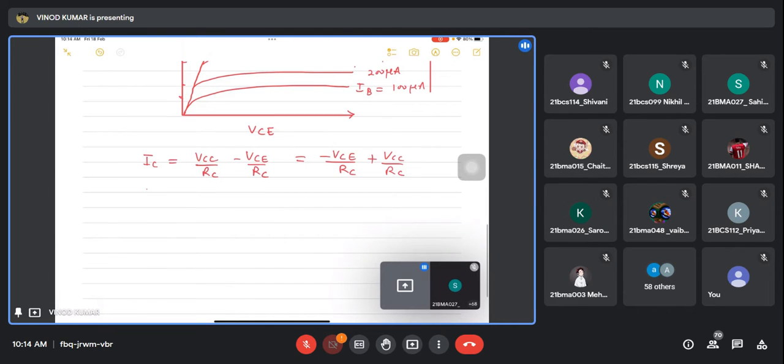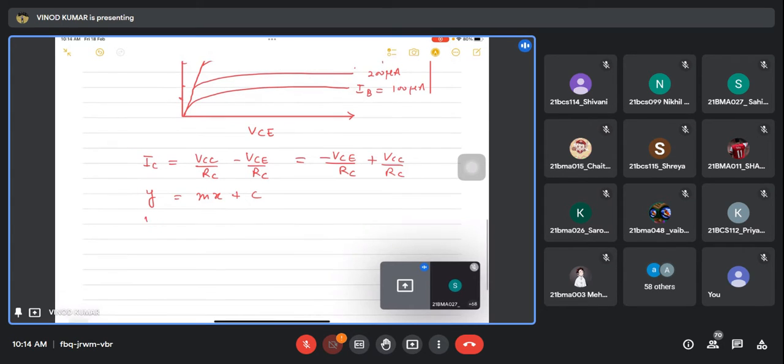And if you remember the slope, y is equal to mx plus c. So m here is minus 1 by RC.